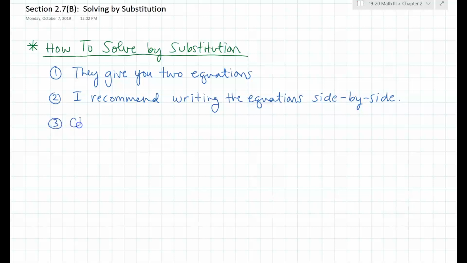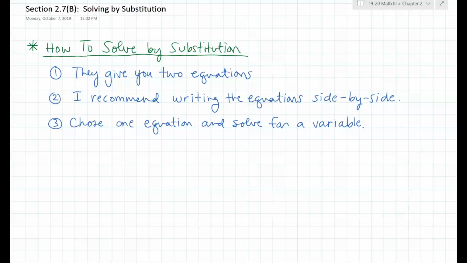Third one, choose an equation. You're going to choose one equation and solve for a variable. Any variable. Most people always want to solve for y, but it could be x, or if the equations are in terms of a and b, just solve for one of them. But solve for one.